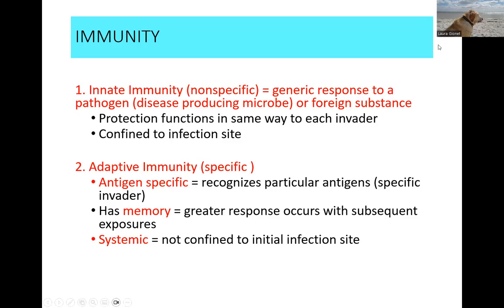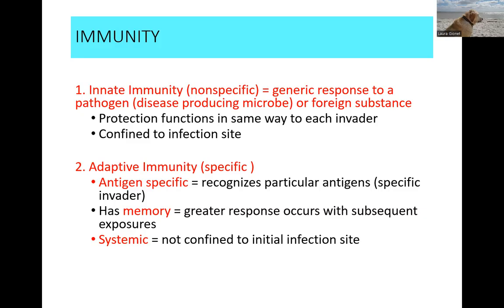And when it comes to microbiology, should you take that next, they generally refer to it as non-specific innate immunity versus adaptive immunity. But innate immunity are the mechanisms in place to help generate a response to a pathogen or a foreign substance, where the response doesn't depend on whether it's this organism or this one specifically.